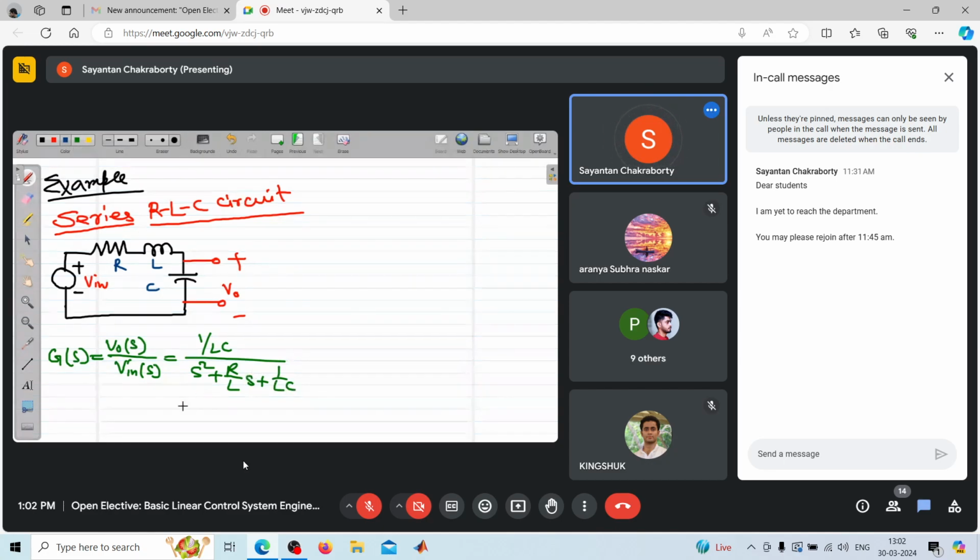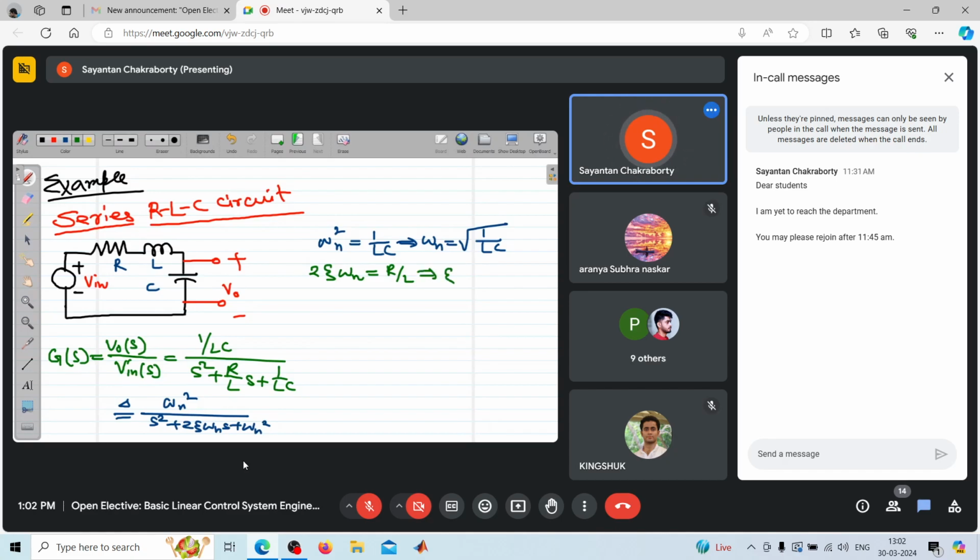And that should be modeled as, which leads to the following condition, that omega n square is equal to 1 by LC, and 2 zeta omega n is equal to R by L, that is zeta comes out to be R by 2 root over C by L. So these are two important factors in terms of L and C. And the poles are located at minus R by 2L plus or minus root over R by 2L square minus 1 by LC.